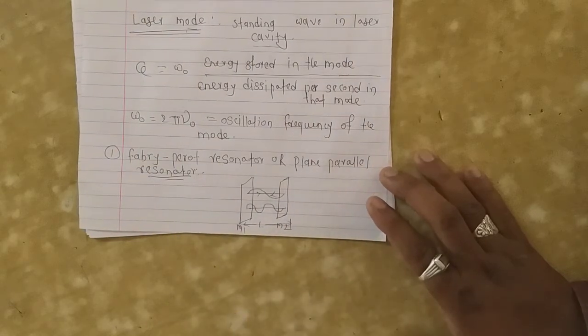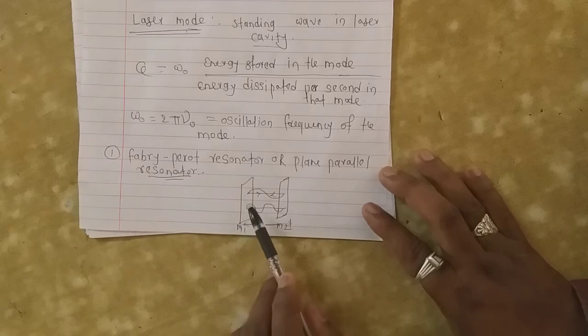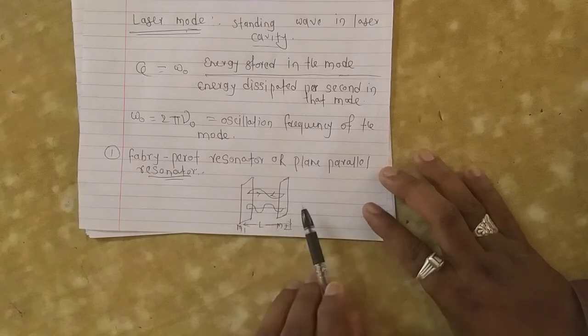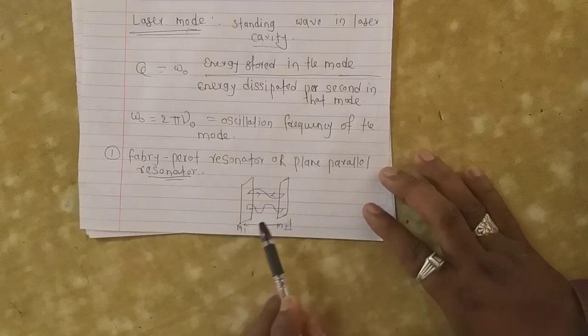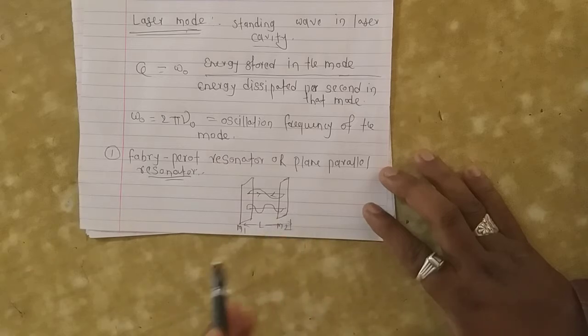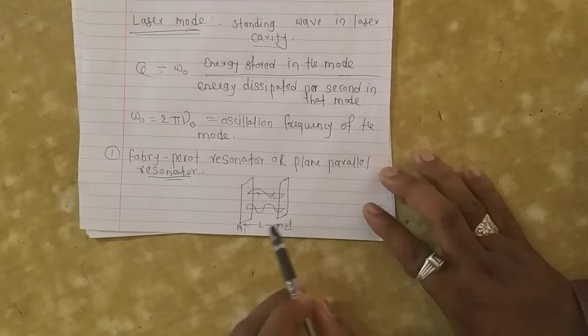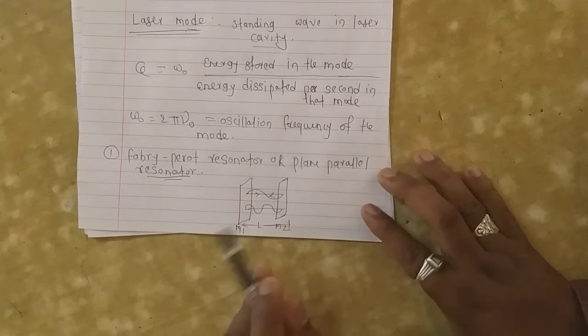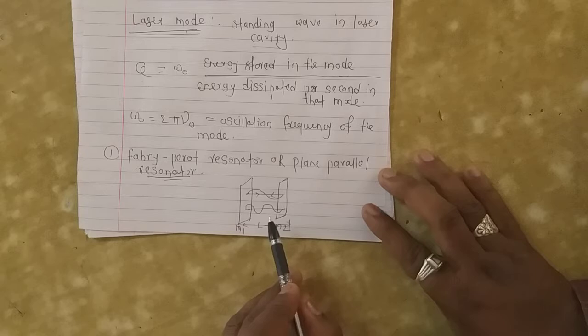In this Fabry-Perot resonator, which consists of two plane mirrors facing each other, the mode of such a resonator, that is a standing wave, can be considered the superposition of two plane electromagnetic waves traveling in opposite directions.